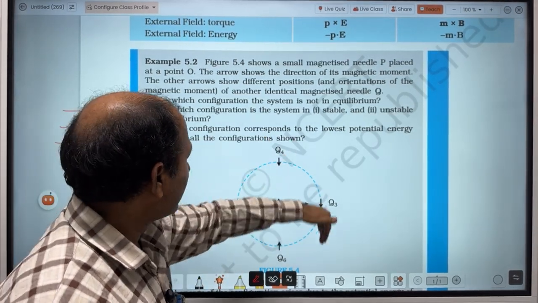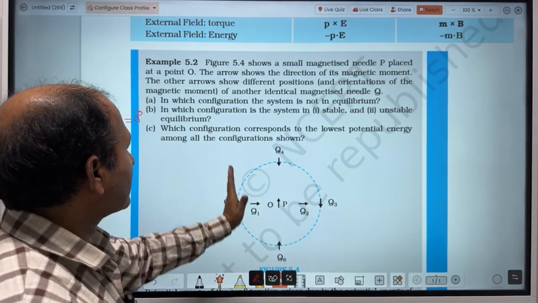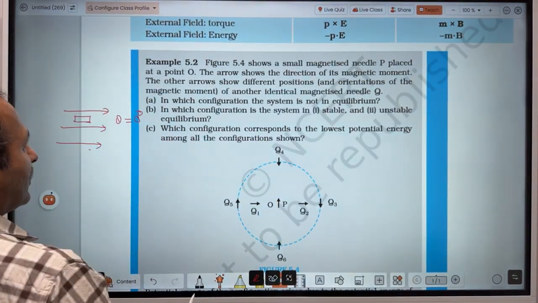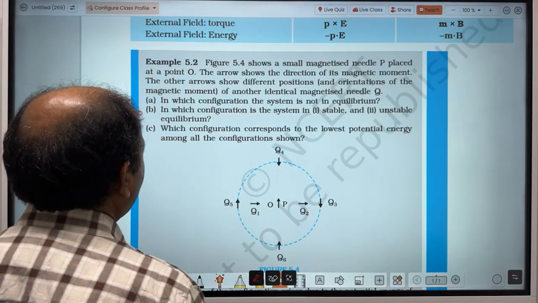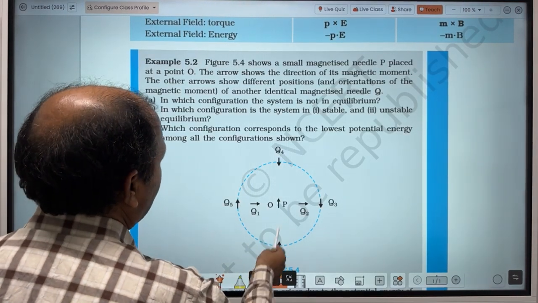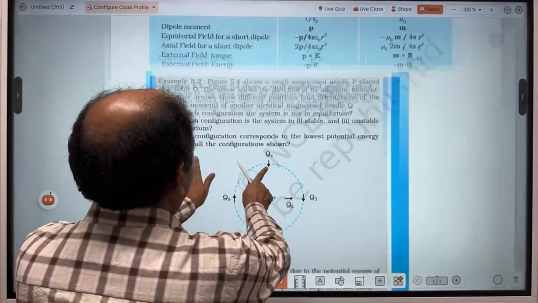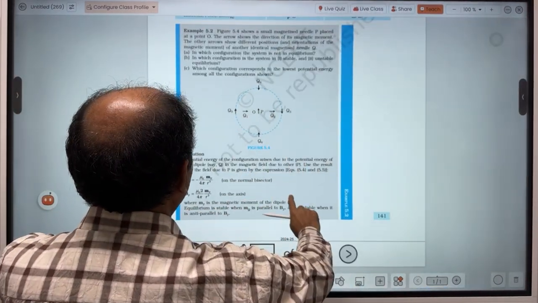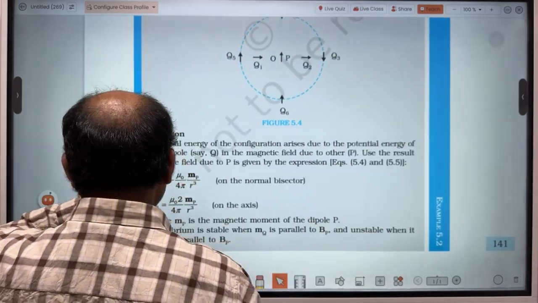This one and this one are anti-parallel. This one is parallel. This one is parallel. So I think you have understood. Stable means parallel and unstable means not parallel, and in case of perpendicular it will be 90 degree. So we can read the answer also, but the same thing they are going to tell here.